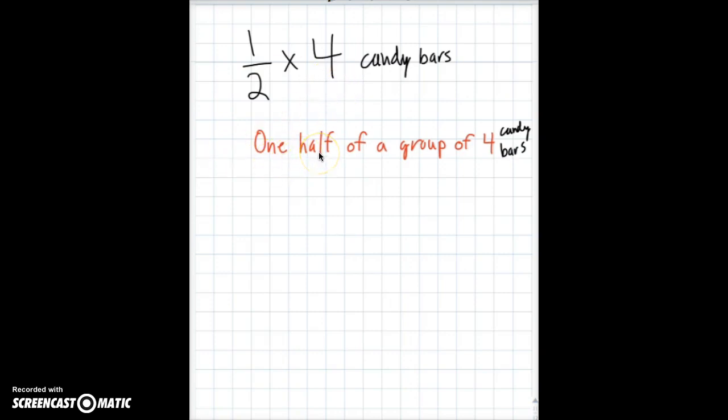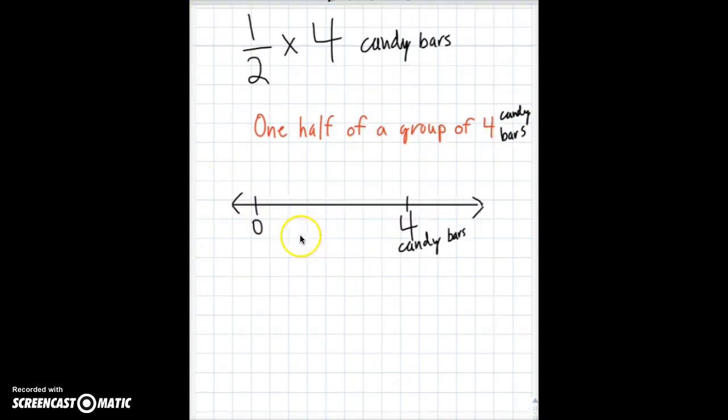So we are going to first draw on the number line 1/2 of a group of 4 candy bars. Let's start by imagining 4 candy bars on the number line. When you take half of something, it means you're going to divide it by 2. So you can find that halfway mark right between 0 and 4, and you're going to take half of that.